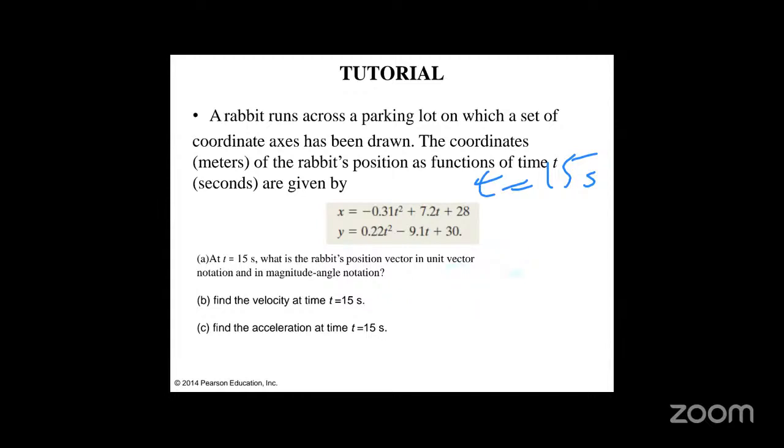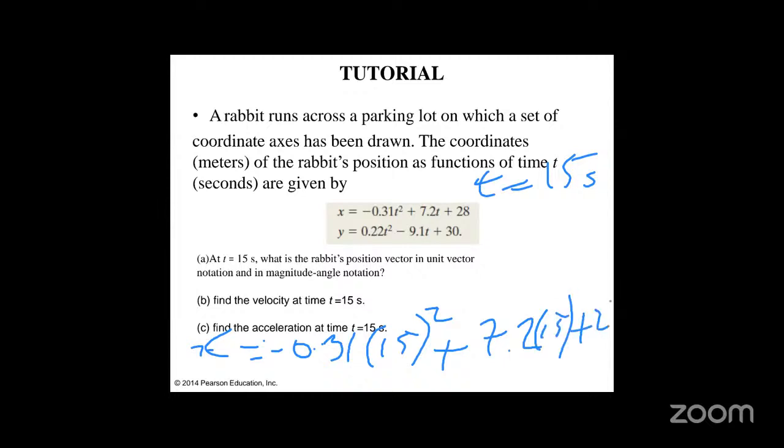That implies that our X will be equal to minus 0.31 times 15 squared, t is 15, plus 7.2 t, t is 15, plus 28.